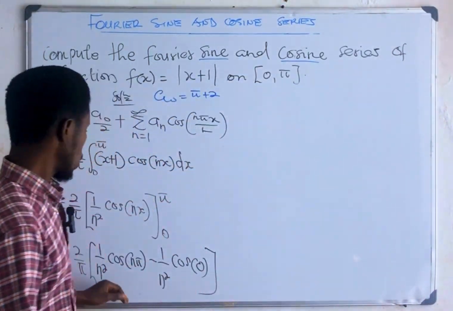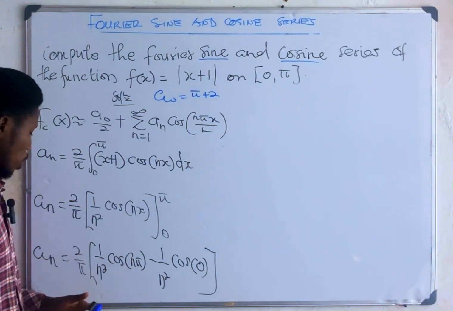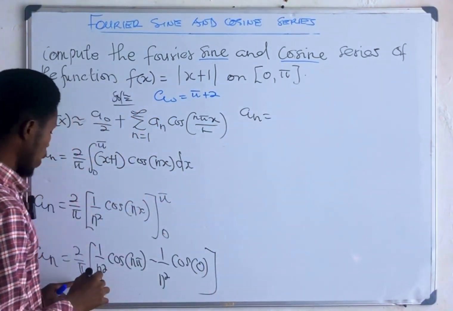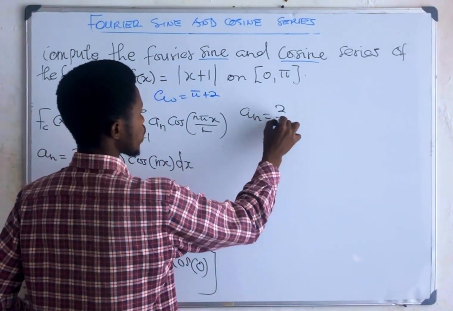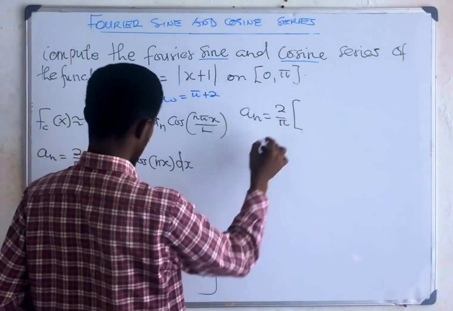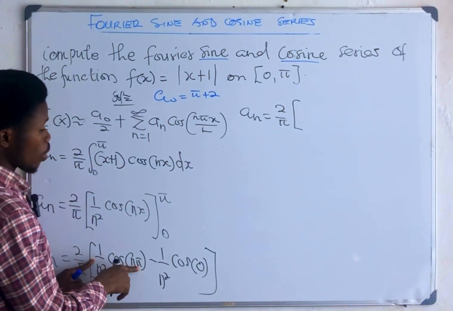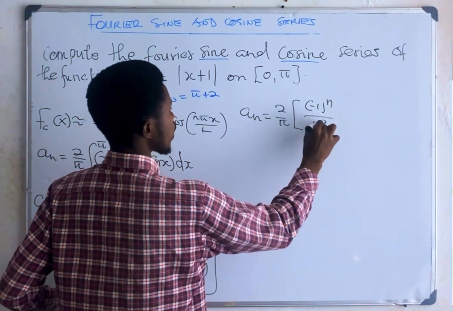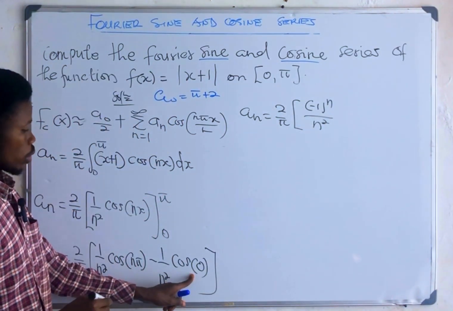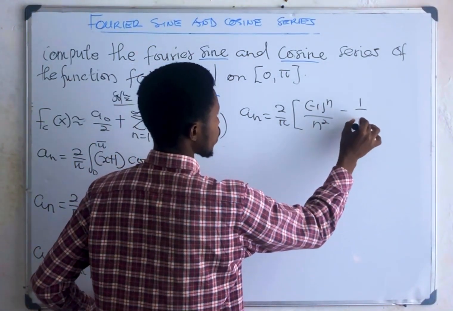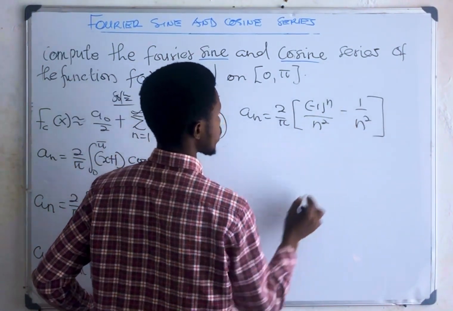Okay, so we thank God that this is what we have now. Our a n is equal to 2 over pi times 1 over n squared multiplied by cos n pi. Cos n pi is negative 1 to the power n over n squared. Cos 0 is 1, so at the end I have negative 1 over n squared, like this.